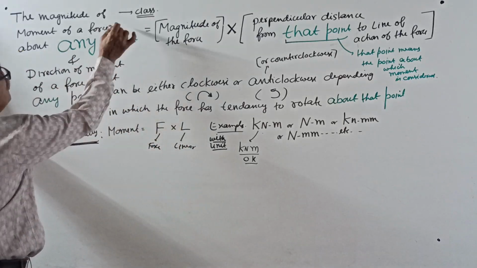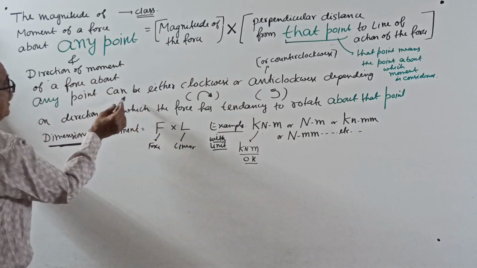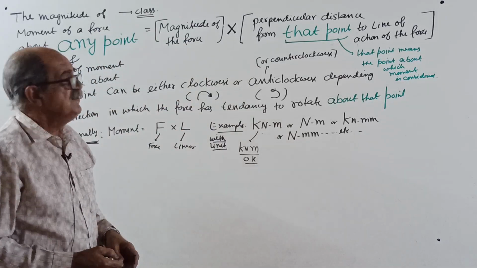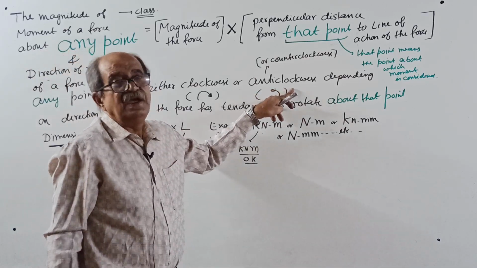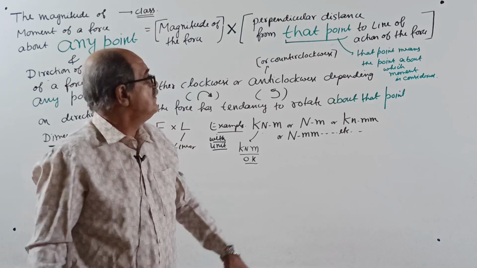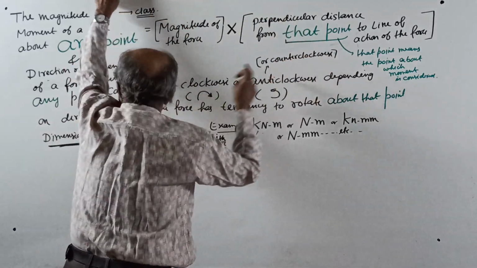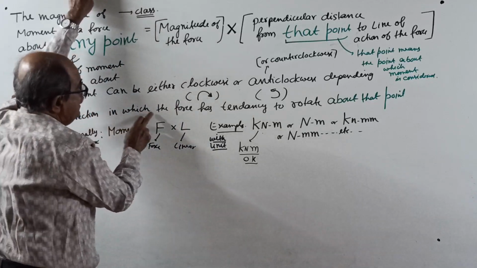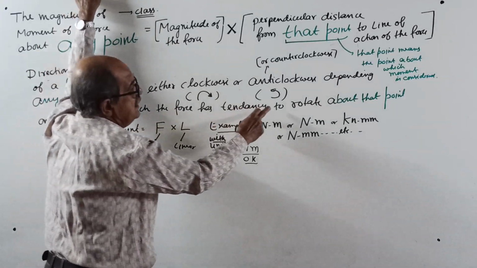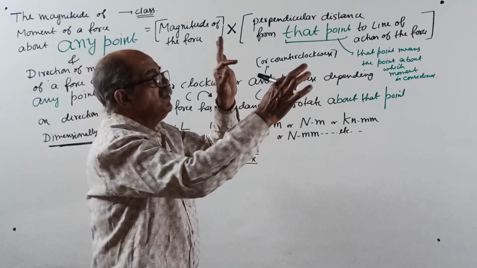Direction of moment. This will give magnitude. The direction of moment of a force about any point can be either clockwise or anti-clockwise. In Western countries, they don't say anti-clockwise, they say counter-clockwise. It is either clockwise or anti-clockwise, depending on the direction in which the force has a tendency to rotate about that point. Suppose I take moment about this point.